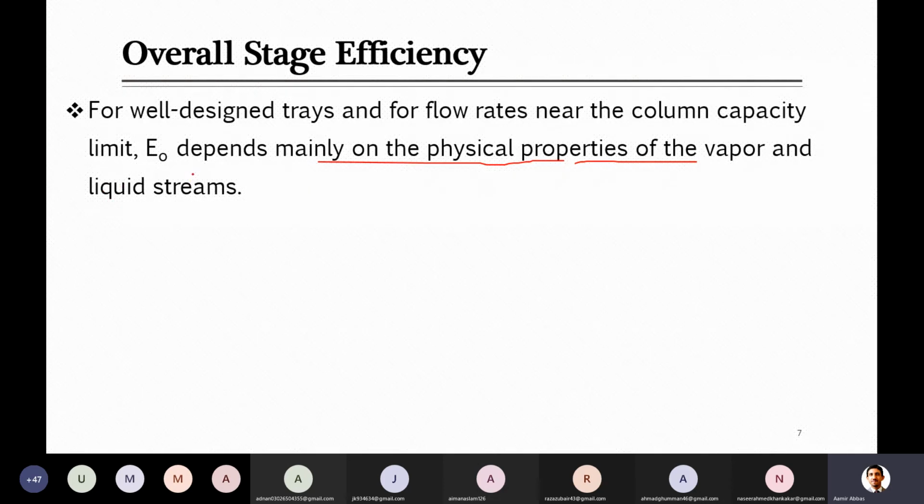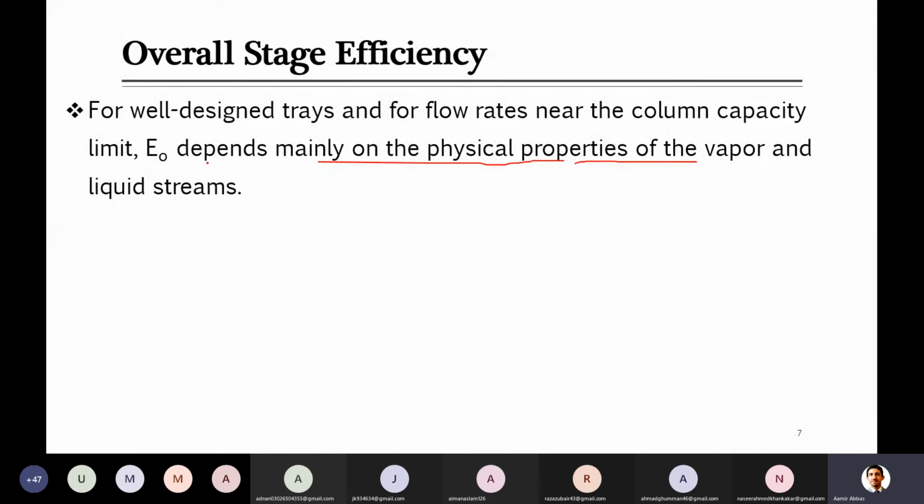You know that these properties of the vapor and liquid streams are affected by temperature and pressure. For example, one of the properties is the solubility of one component from the gas stream towards the liquid, so that it can get absorbed inside the liquid. In that case, the solubility of components is dependent on the temperature.